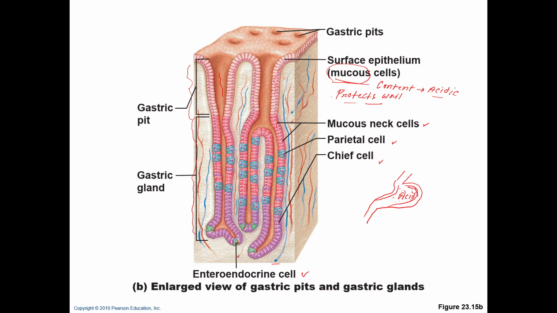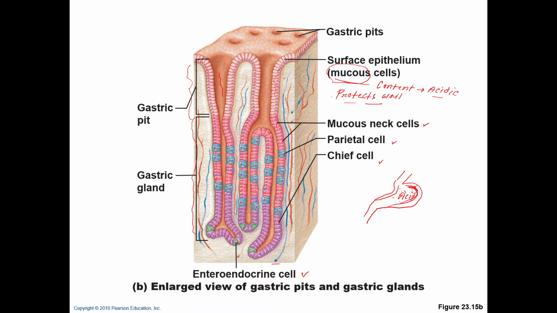So that layer separates the acid and the wall. Now if erosion occurs in the mucosa, that barrier is breached, then what will happen? The acid will come in contact with the wall, and that will burn, make lesion or inflammation.